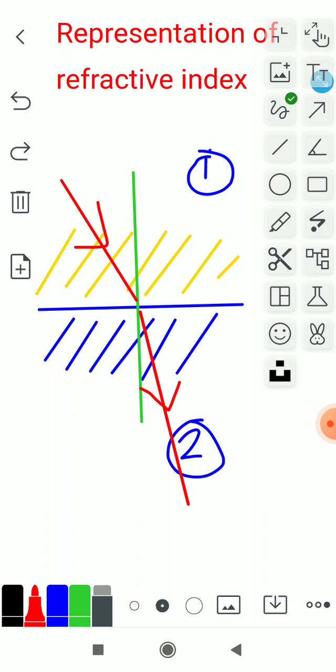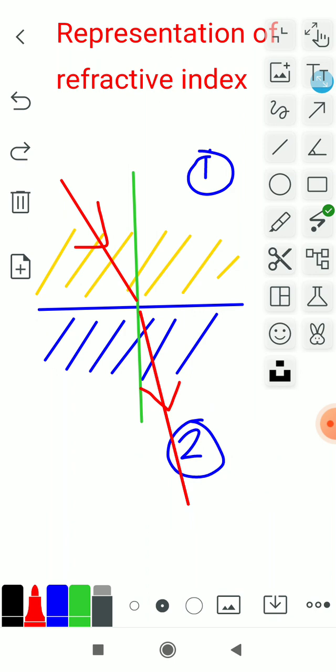The most important thing to observe here is that the light ray is coming from medium 1 and then going to medium 2.